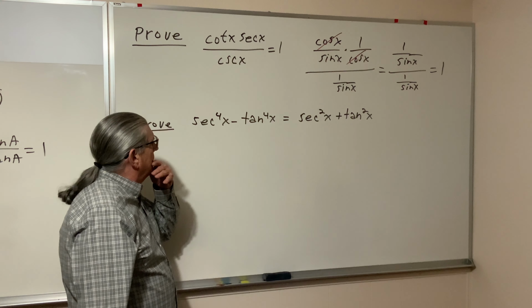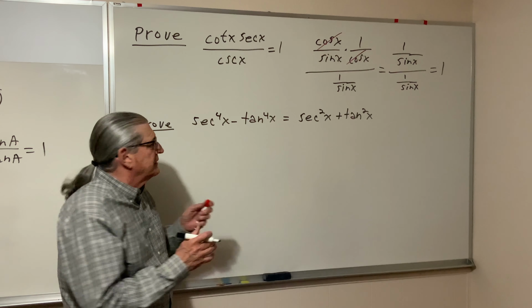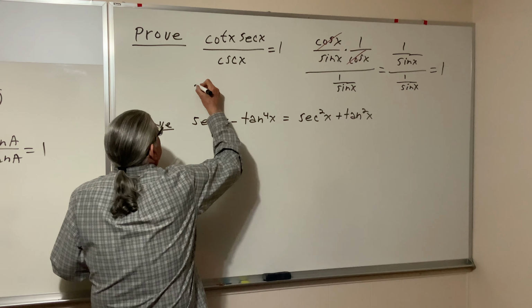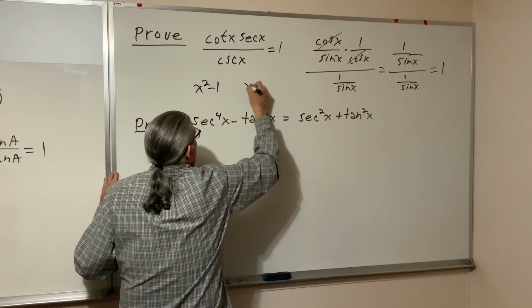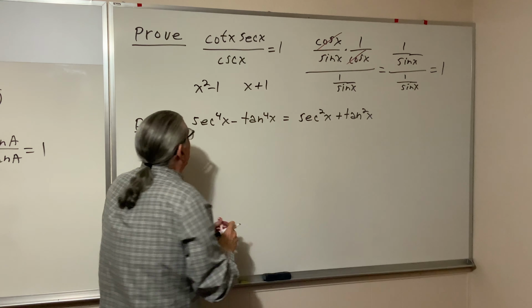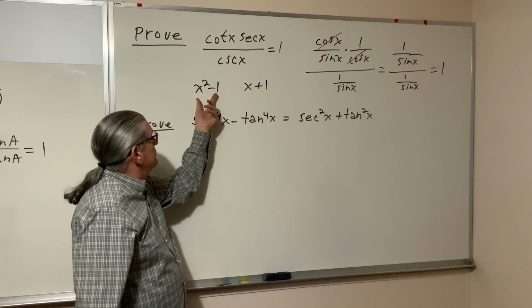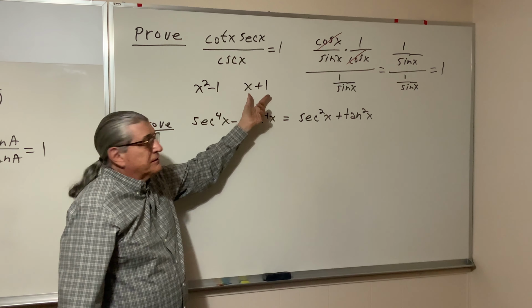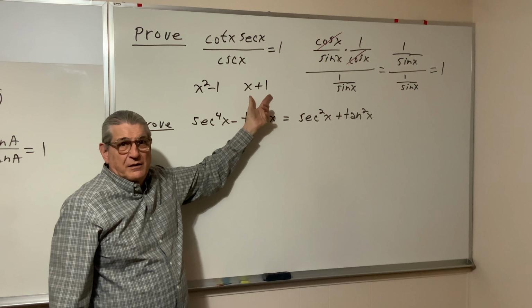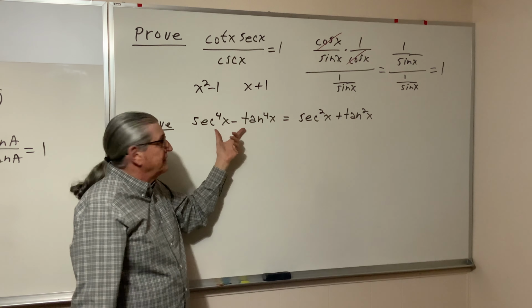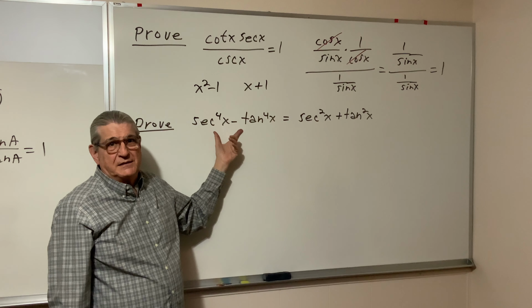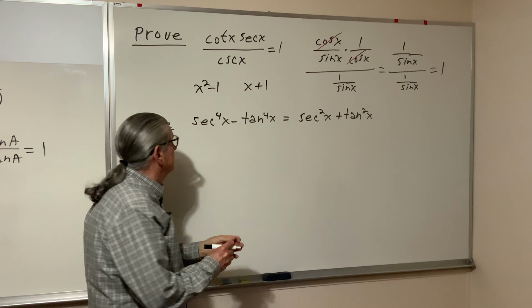Well, what I notice is, this reminds me of x squared minus 1, and this is like x plus 1. And we know the difference of two squares, x squared minus 1 times x plus 1, equals x plus 1 times x minus 1. So I see the difference of two squares. That's what I see here. So let's write that as the difference of two squares.